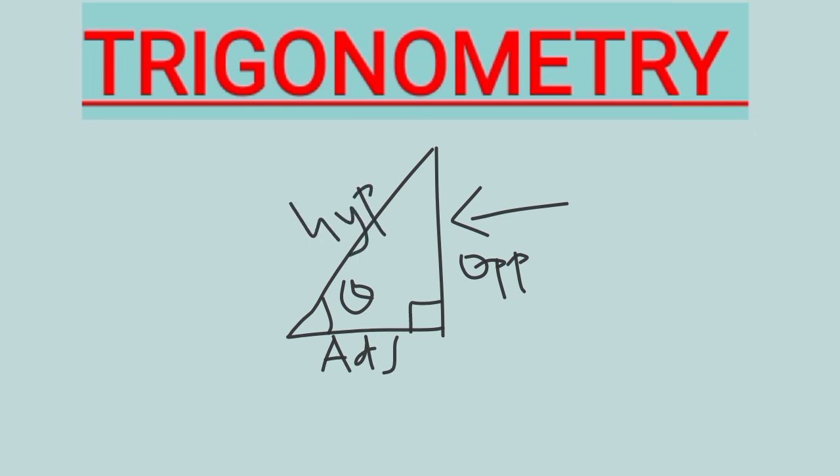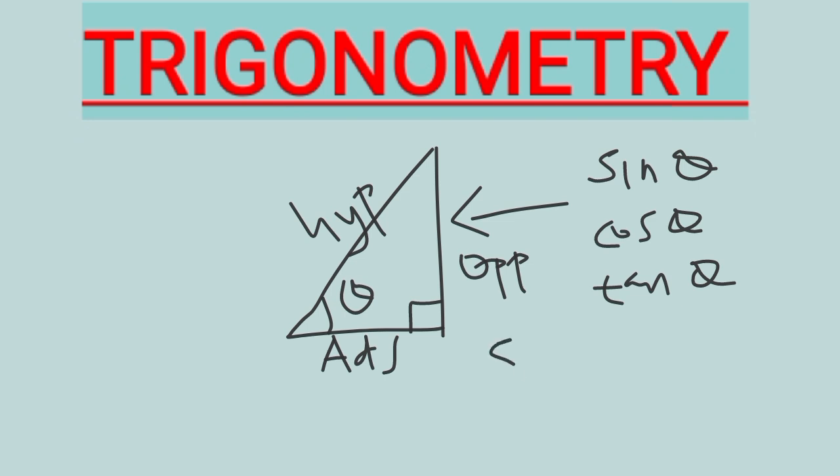Now in secondary, we were finding sine theta, cos theta, and tan theta based on a certain mnemonic, which is SOHCAHTOA.